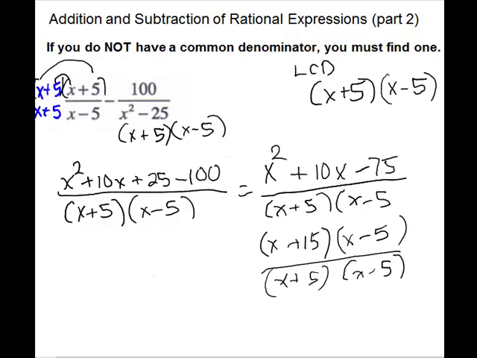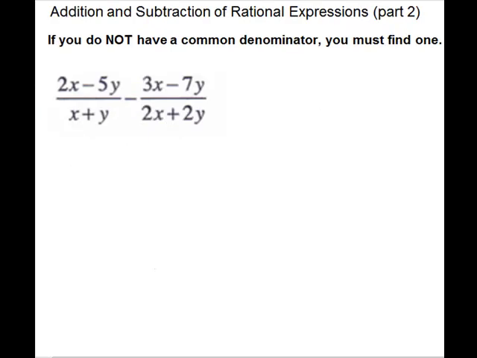And then we are able to divide out the x minus 5. So our answer is x plus 15 over x plus 5. You cannot take anything else out. You cannot cross off the x's, or you cannot do 5 into 15 because of the sign in between. Those pieces have to stay together.